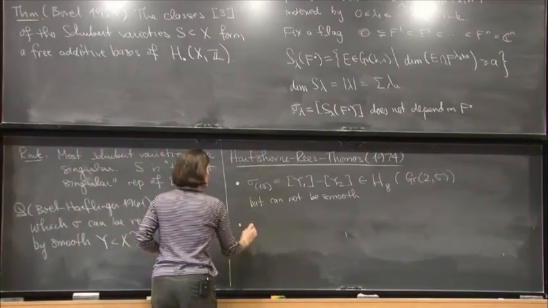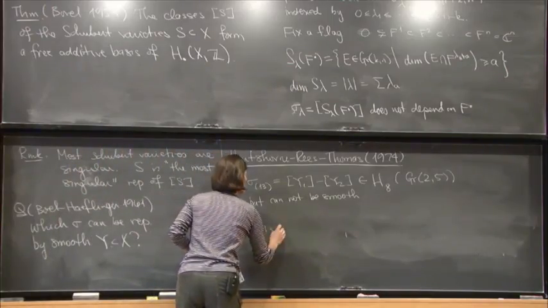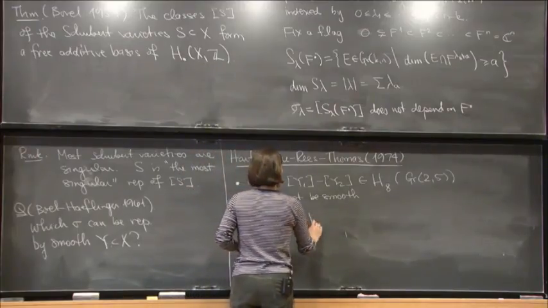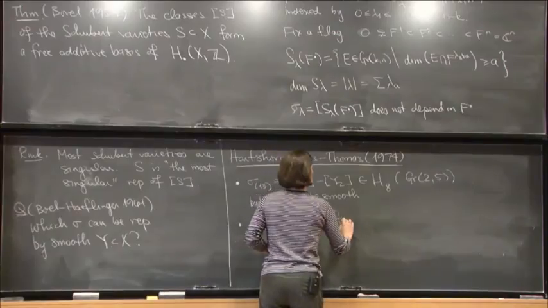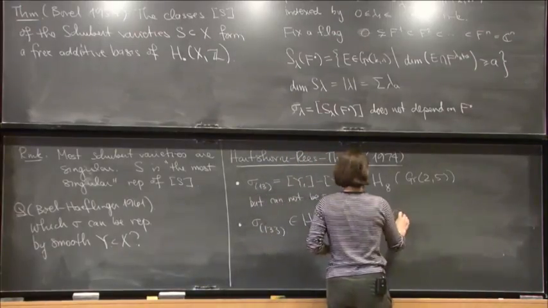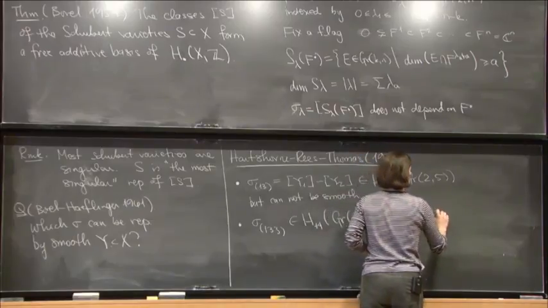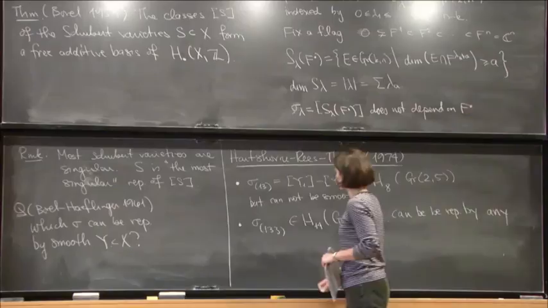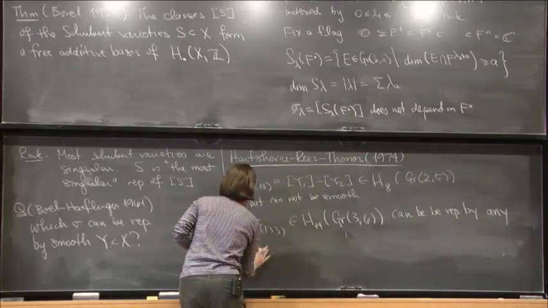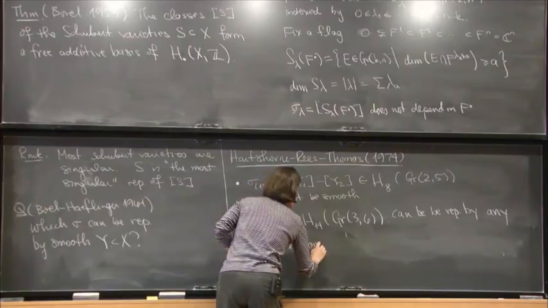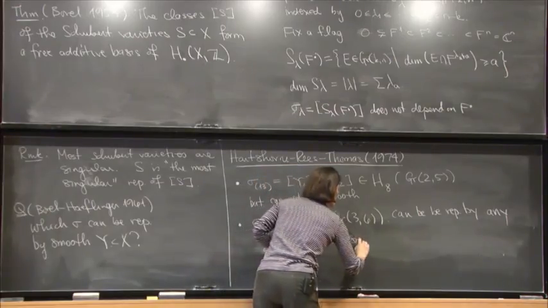And then things can get even worse. The Schubert class indexed by (1,3,3) in the Grassmannian of 3-planes in 6-space cannot be represented by any integer linear combination of smooth varieties.